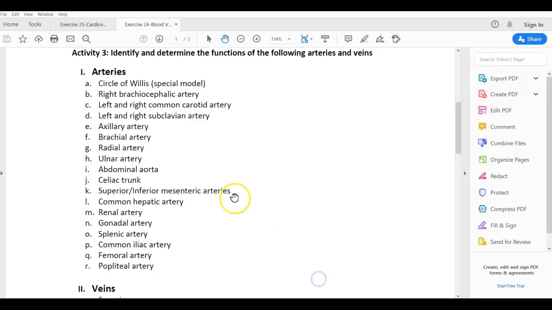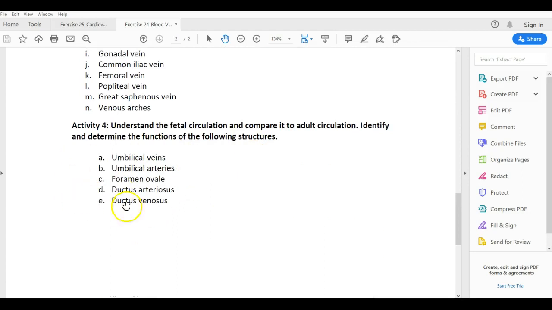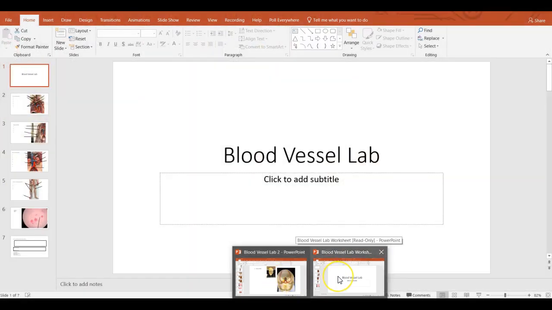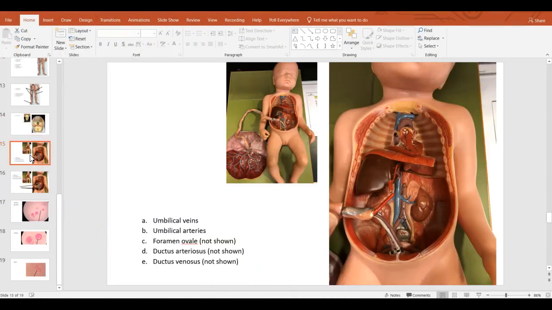Then we have this special circulation here. We do have a model for the fetal circulation. I will tell you right now that the picture of the fetal circulation will not be on the lab exam.